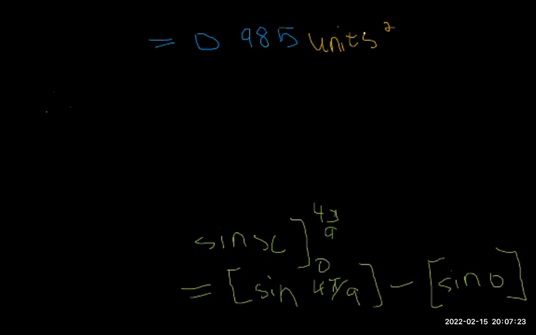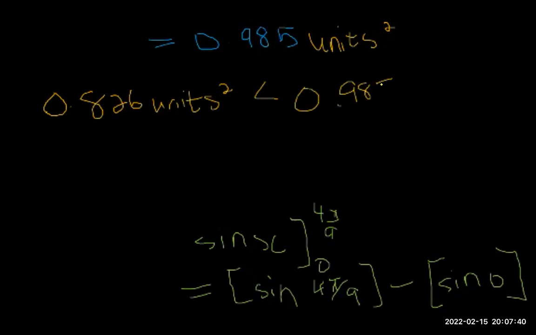Your statement might be something like, 0.826 units squared is less than 0.985 units squared, and therefore the area under the curve y is equal to sine x bounded by the line x is equal to 4 pi on 9 is less than the area bounded by the curve y is equal to cos x on the same line.